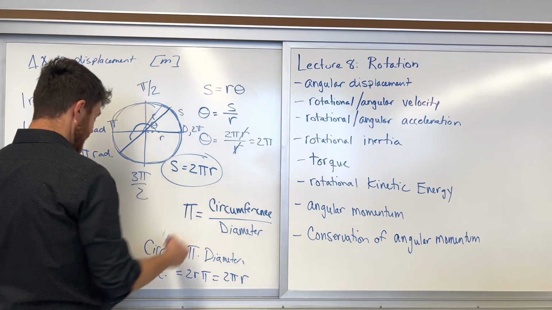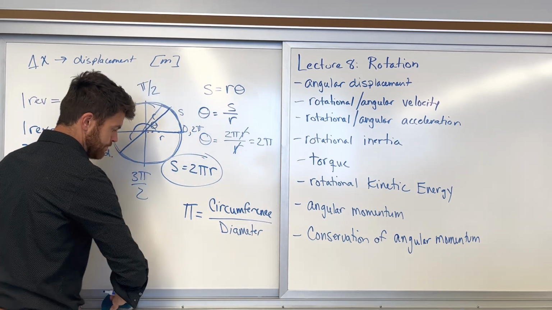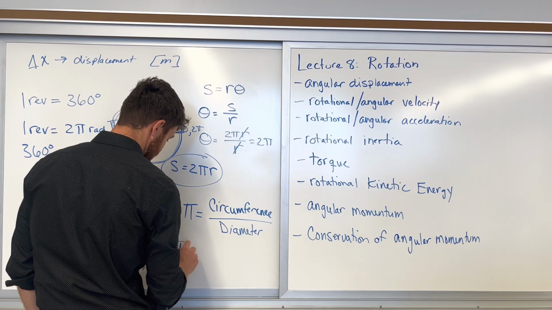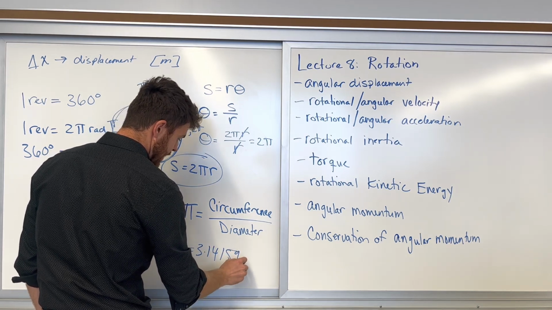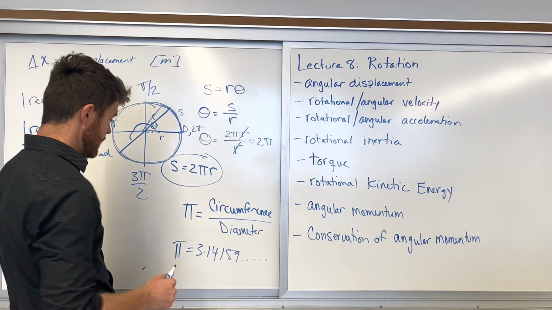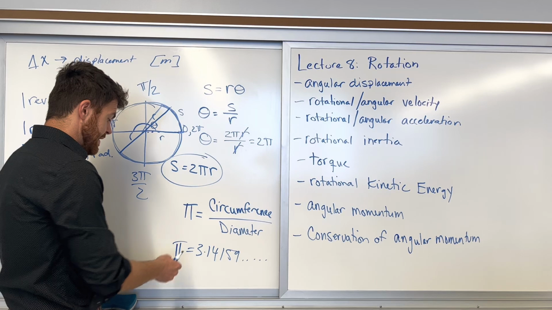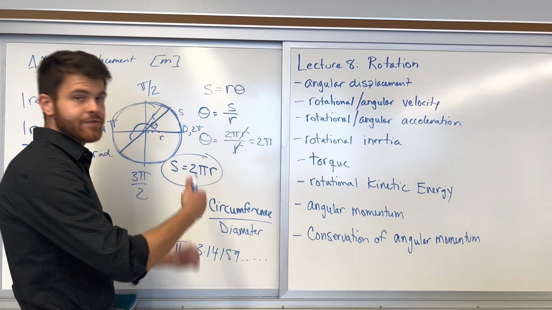Now, pi, what is that ratio? Pi is equal to 3.14159, and it goes on forever and never stops, right? But this is the ratio of the circumference to the diameter of every circle in the universe.